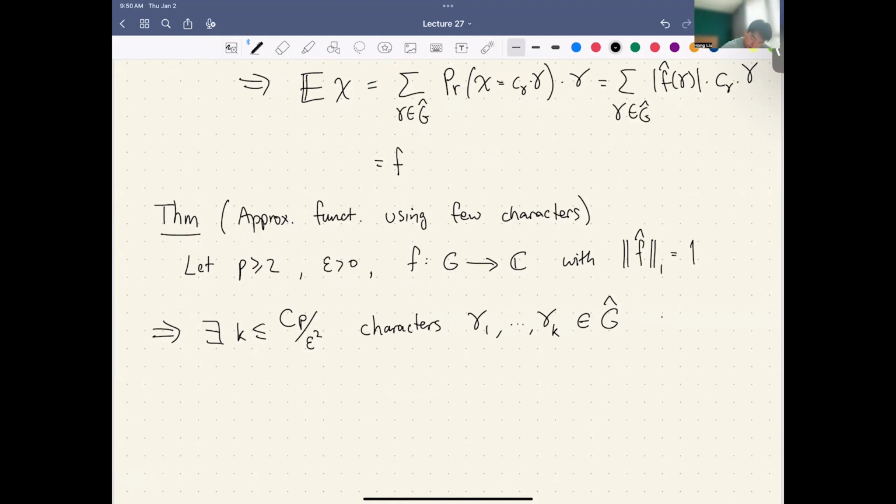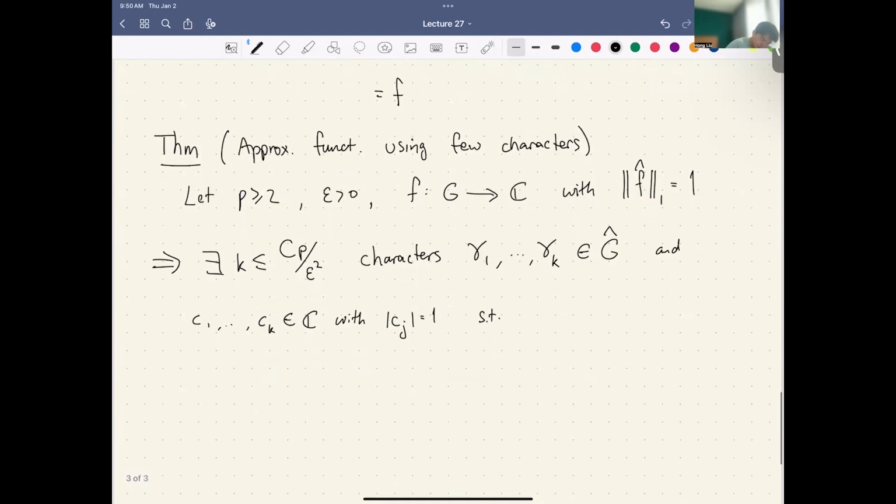and c1 to ck, these are the coefficients, such that we can approximate f by the sample mean of cj gamma j.